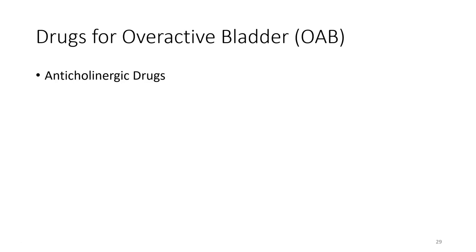So anticholinergic drugs block acetylcholine. Again, acetylcholine is necessary for contractions. So if we block it, we don't get contraction. We don't get the bladder to contract. It causes smooth muscle relaxation, and anticholinergics also decrease bladder irritability and contractions.